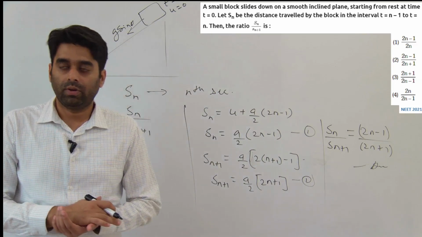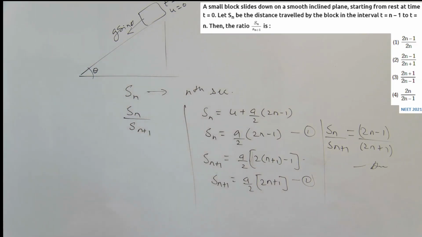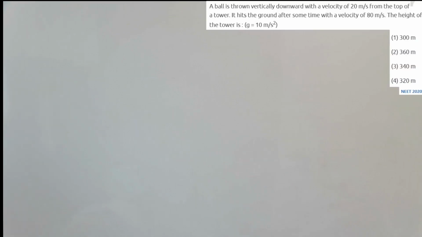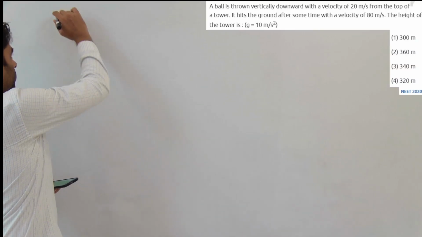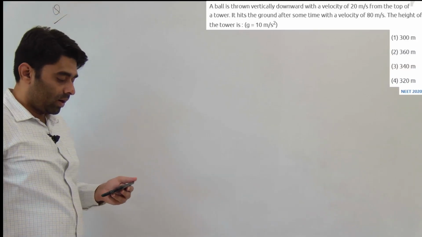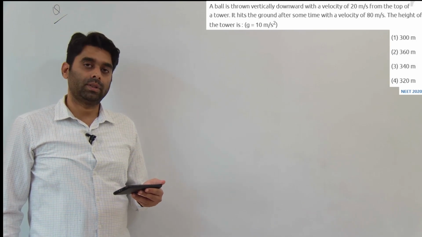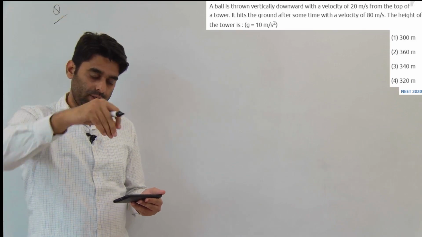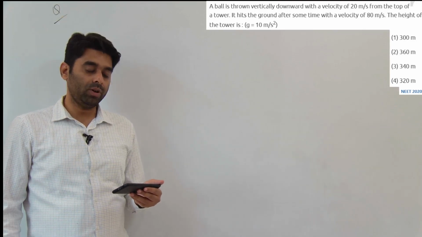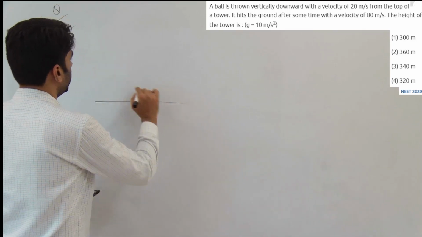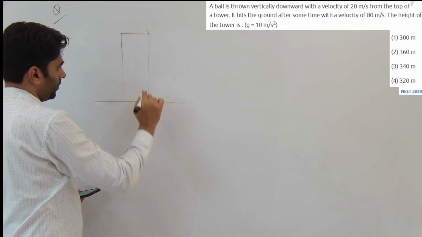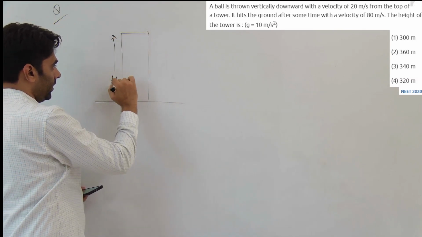Let's look at the next question. A ball is thrown vertically downward with a velocity of 20 meter per second from the top of a tower. Let's say height is h.